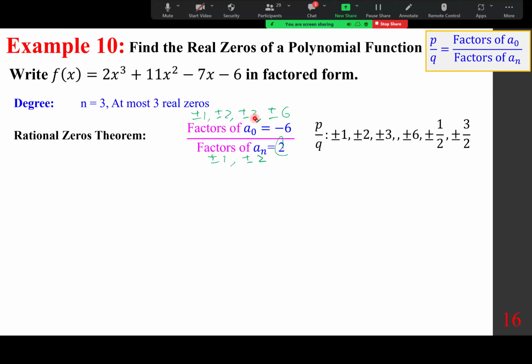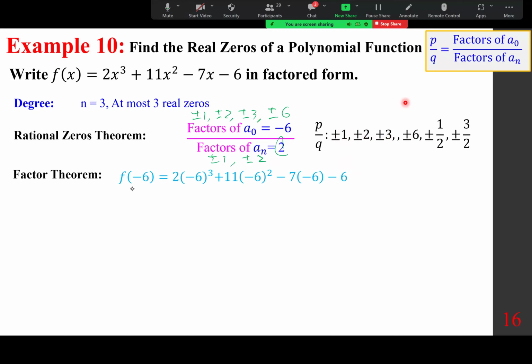You normally go with the easy ones, either 1 or -1. Just for the sake of argument, let's do something different. Let's try -6. And again, class, you really have to start with the easy ones. Check 1, check -1, 2, -2, and so on, and you get to the answer pretty fast.